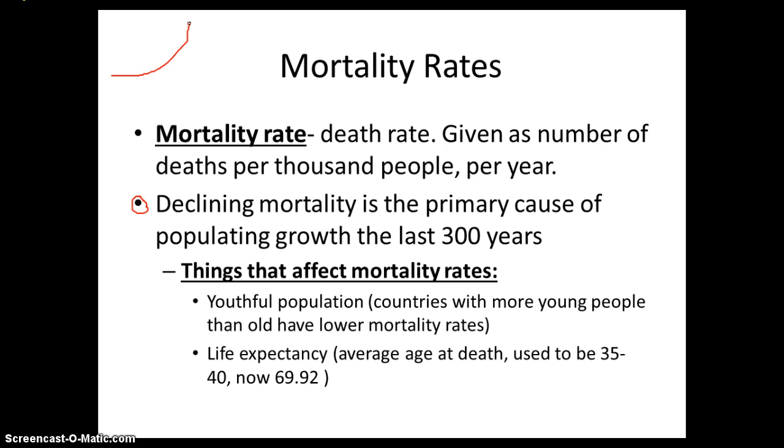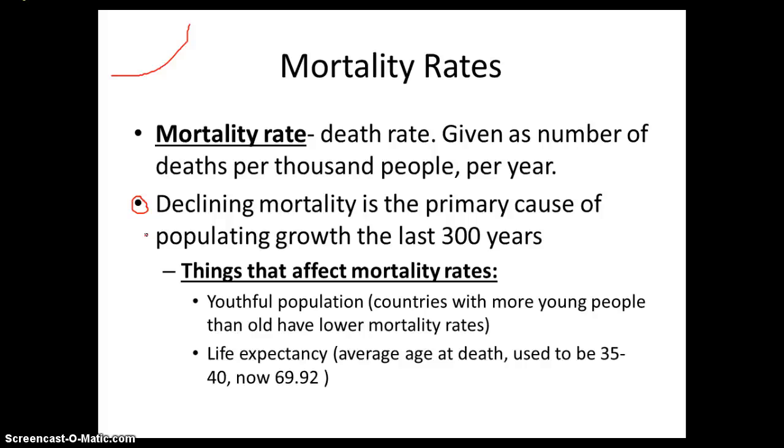People simply are living longer, our health is better, our technologies are better, and because of that, the global population has increased exponentially. It's a huge factor. Mortality rate is the single biggest, the primary cause of population growth in the last 300 years.